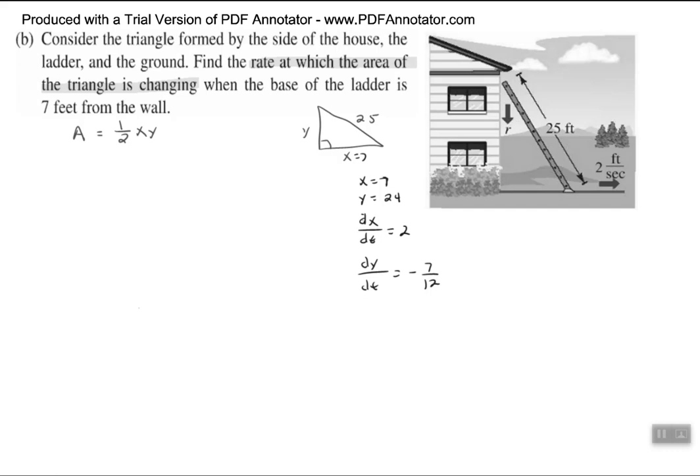So we're going to use the information we found at the first of this problem, where we said if x equals 7, then we use the Pythagorean theorem to find that y is 24, and then we solve for dy/dt to find that it is negative 7/12. We're not going to solve all of that again, but now we want to find the rate at which the area of the triangle is changing. So we need to find the derivative with respect to time of both sides.